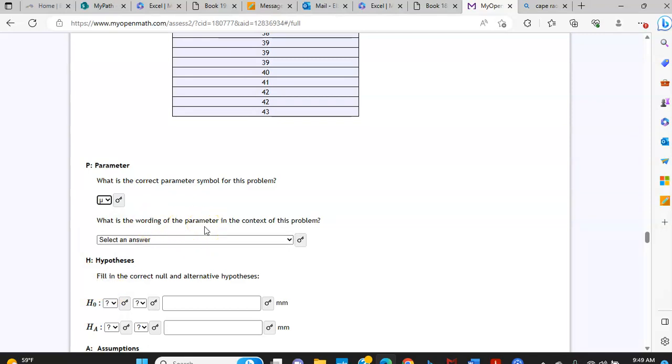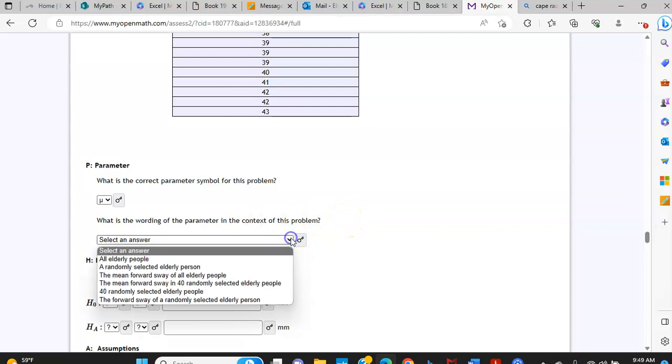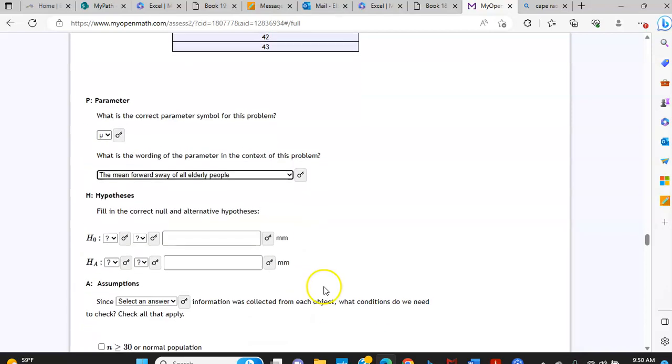And what is the wording of the parameter in the context? It is measuring the mean sway of these elderly people. So let's see if we can find the mean forward sway for all elderly people. Now realize that when we talk about a parameter, we're talking about everyone in the group, not just the sample. So mean forward sway of all elderly people.